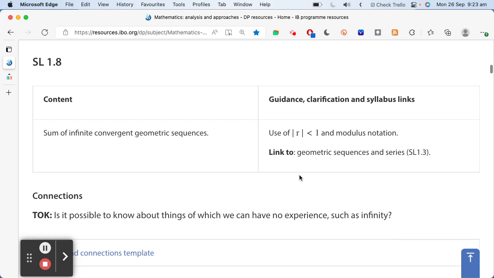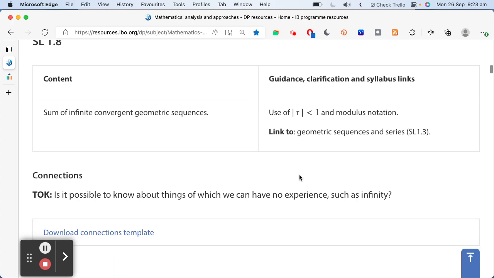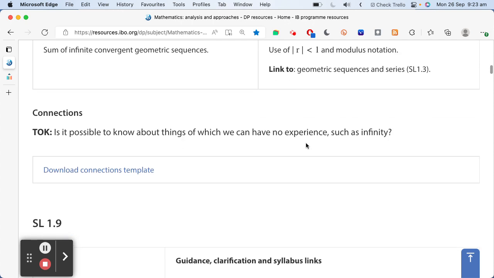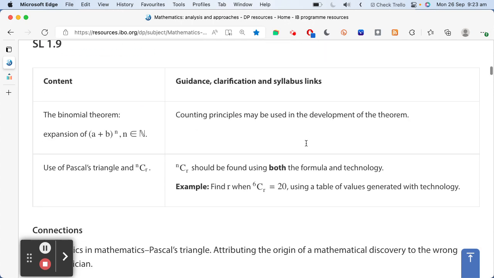And what else? Nothing the GDC will help you with here, other than you can use your GDC to store a geometric sequence in, but these are infinite ones anyway, so it's not really GDC work.